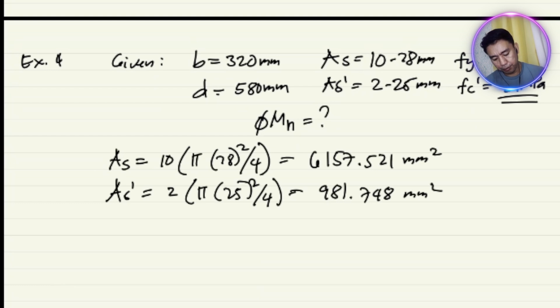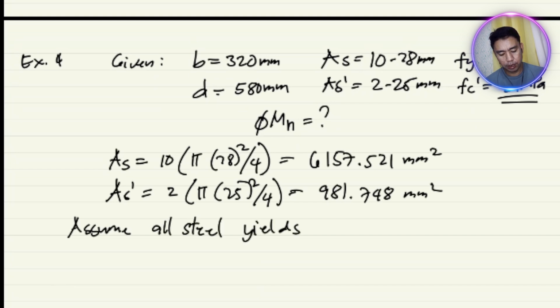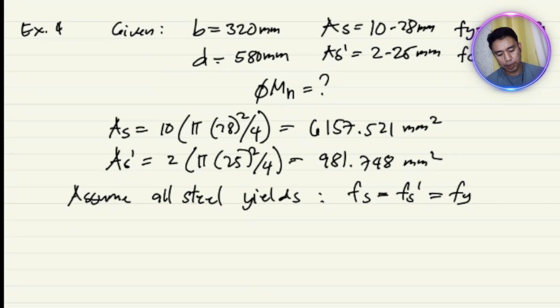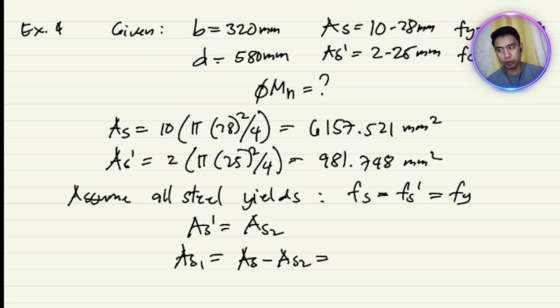So, first assumption, assume that all steel yields, meaning Fs is equal to Fs prime equal to Fy. So, kung mag-yield ang lahat ng steel, ang As prime natin is equal to As2. Then from there, we'll solve As1, which is equal to As minus As2.